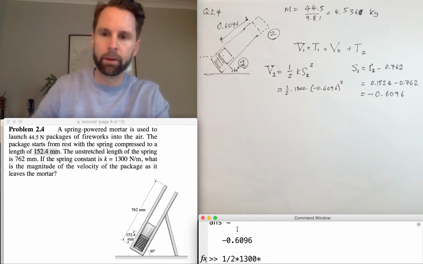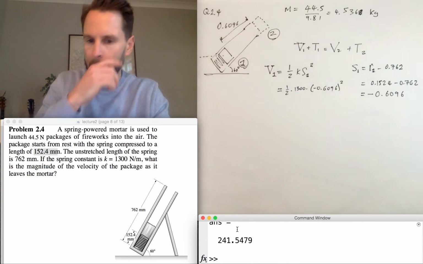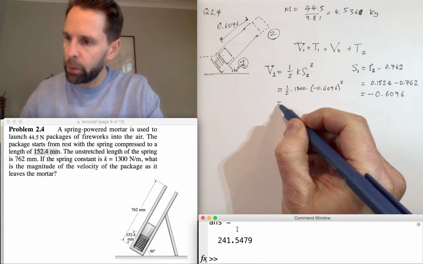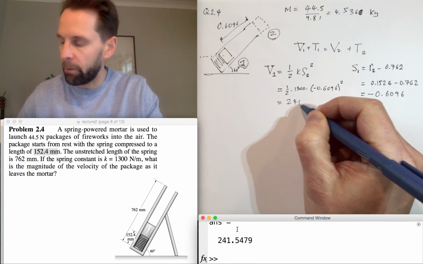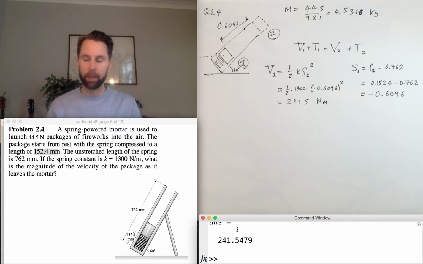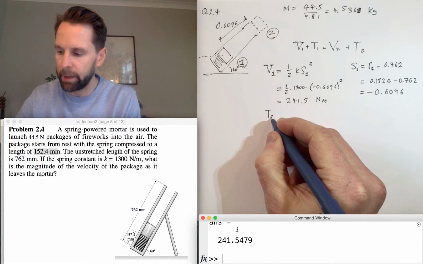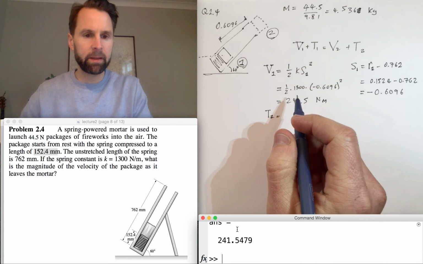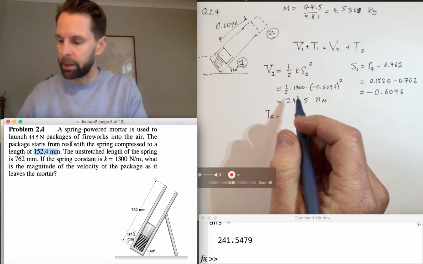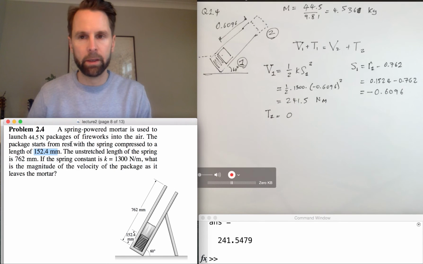The negative sign doesn't matter because we're squaring it. 0.6096 squared gives us 241.5 newton meters. So that's the potential energy initially stored in the spring. The initial kinetic energy is simple enough because it's at rest, as the question says, and that makes sense because it's a launcher. So the initial kinetic energy is 0.